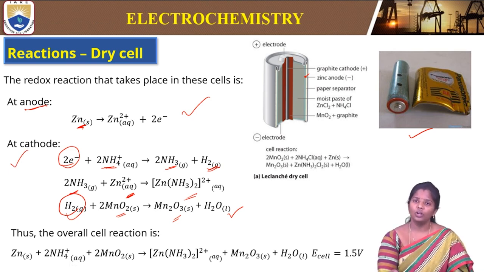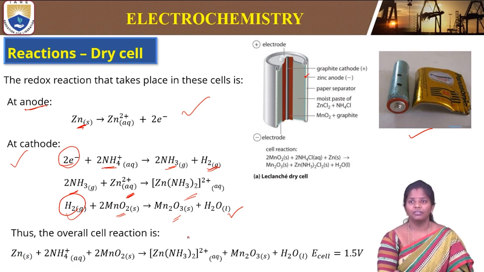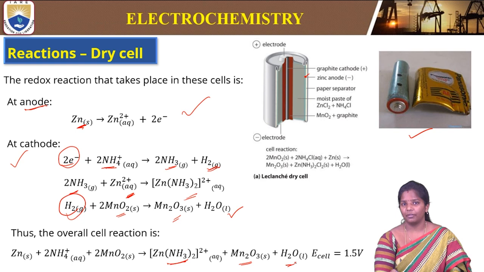The overall reaction, upon balancing and combining anode and cathode, is zinc plus ammonia and manganese dioxide giving rise to this complex, manganese oxide and water. The potential of this cell is around 1.5 volt.